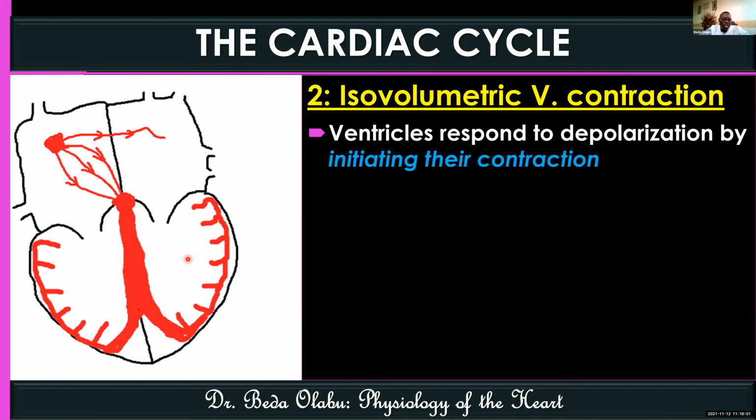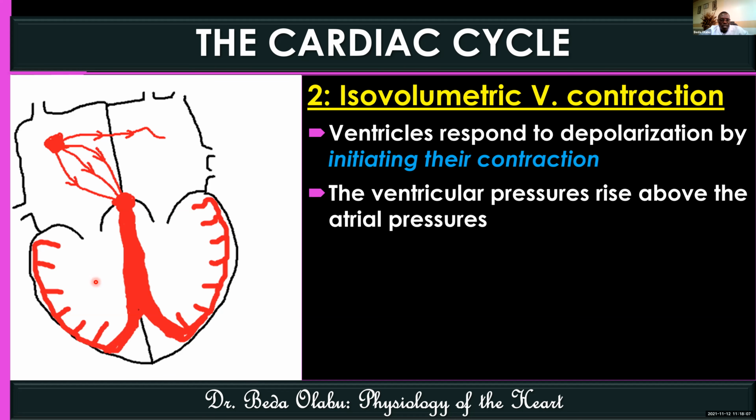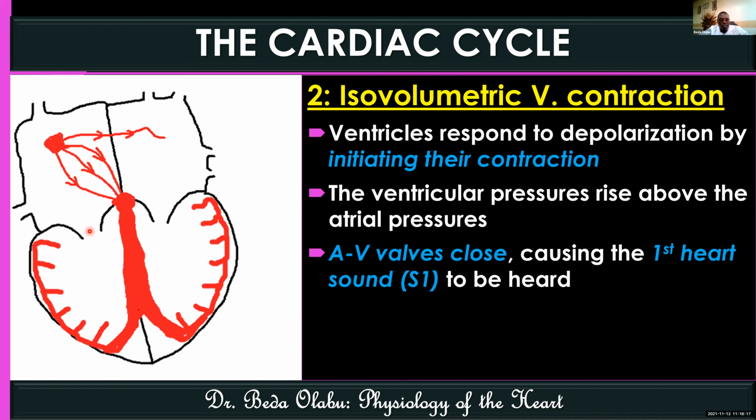When the ventricles begin to contract, the pressure within the ventricles would then increase, perhaps rise above the pressure within the atria. The result is that the atrioventricular valves will close.